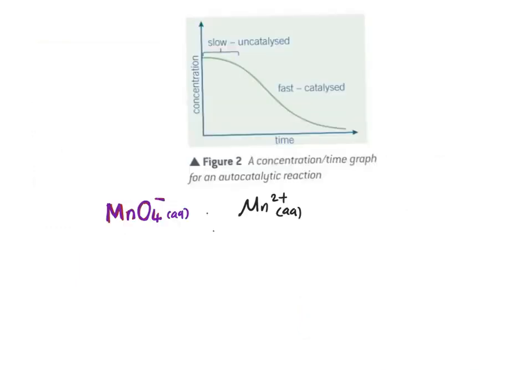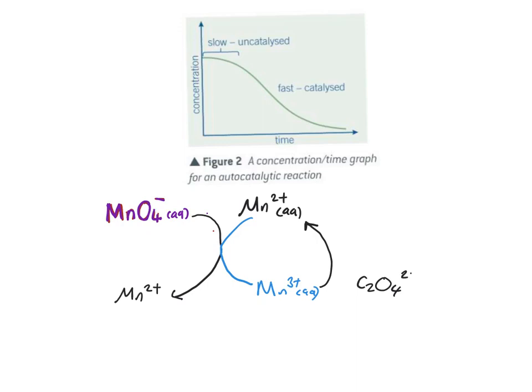Like all catalytic reactions, one species, in this case the manganate, gets reduced to Mn2+, and some of the Mn2+ ions then get oxidized to Mn3+ ions. The Mn3+ in turn gets reduced back to Mn2+ ions, and the reducing agent is the colourless ethanedioate, the C2O4 2- ions, which in turn get oxidized to carbon dioxide.